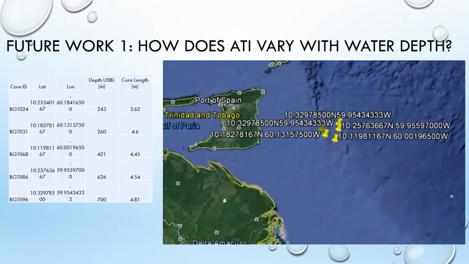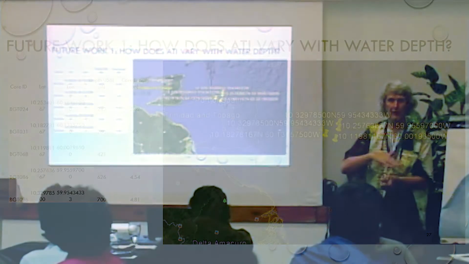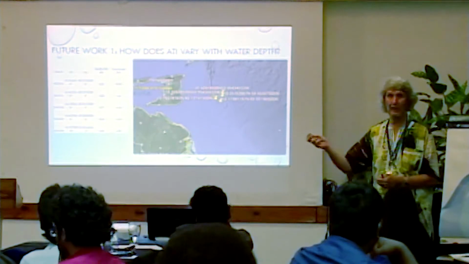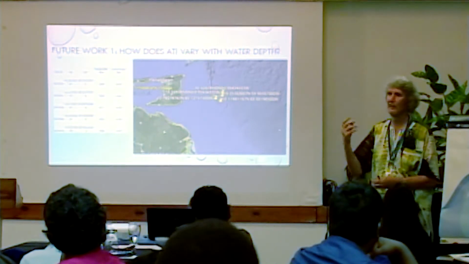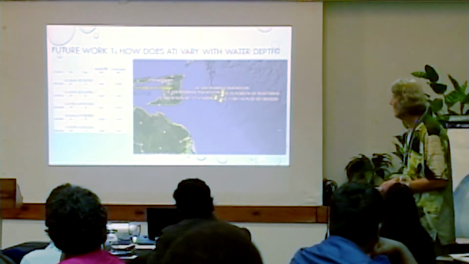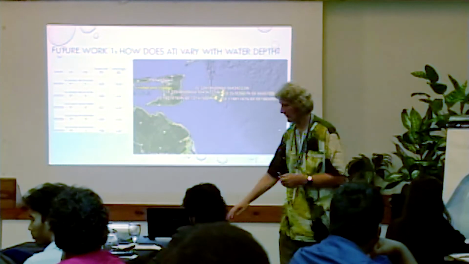I want to know what happens with ATI when we get into shallow water. Do we find there's a drift towards picking out maximum flooding surfaces? Or does ATI continue to tell us that it's the transgressive systems tract where real change is driven? So that's one thing I'm going to be working on.